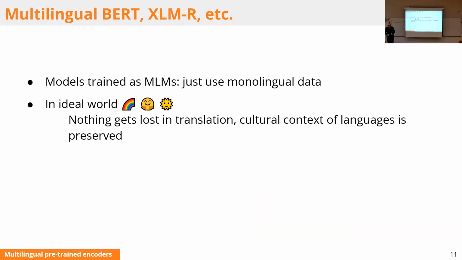And what I would hope for is that nothing gets so-called lost in translation, because we keep the cultural context of the languages, the context the original text actually appeared in, and we don't force some alignment with English using parallel data, because a large part of parallel data, especially for less resourced languages, are movie subtitles based on American movies.